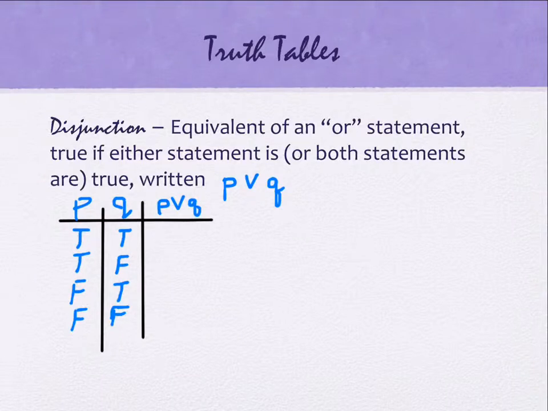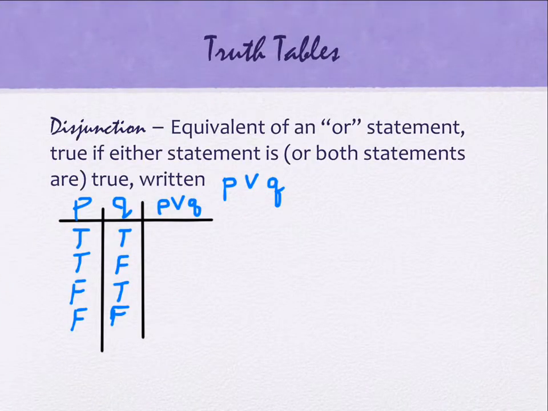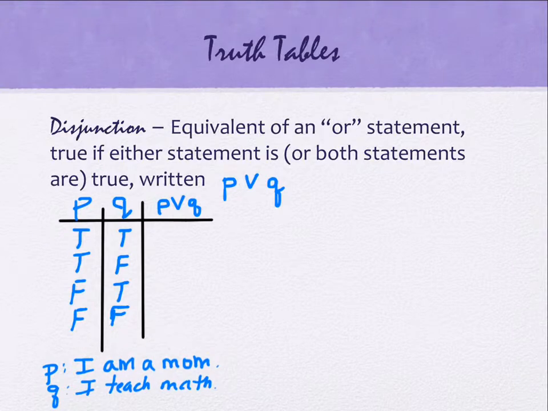All right, so to think about this in this argument, I'm going to use the exact same scenario that I did last time. So we're going to think through this with the phrase P meaning I am a mom and Q meaning I teach math. And we're going to try and remember, if you guys can help me, who my people were when I gave your suggestions a moment ago. So I know I'm the first one, okay? I'm the example of the first line.